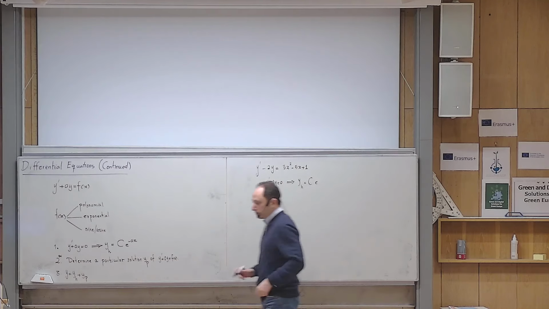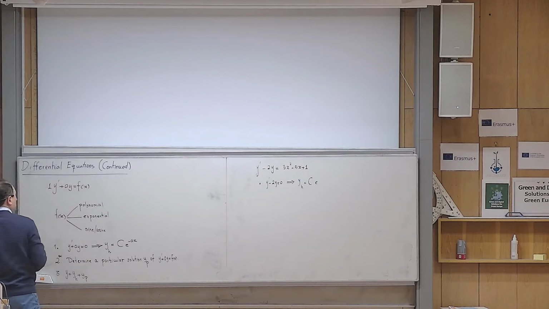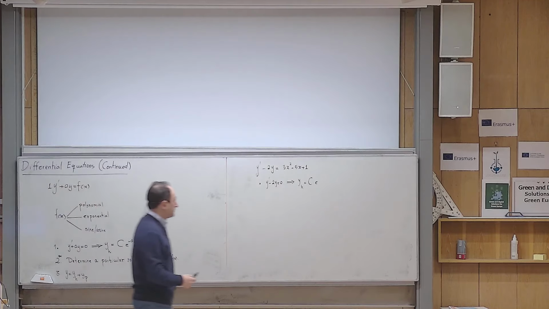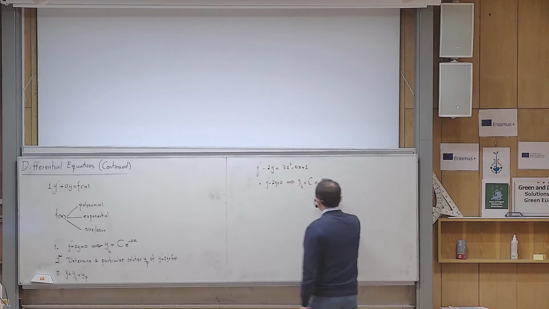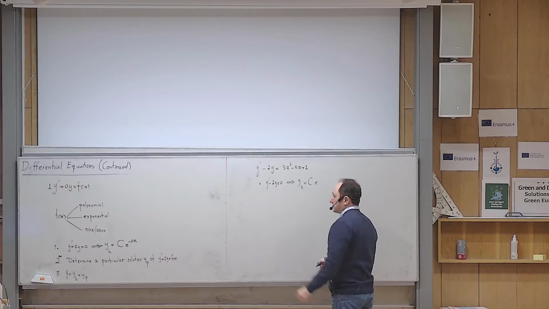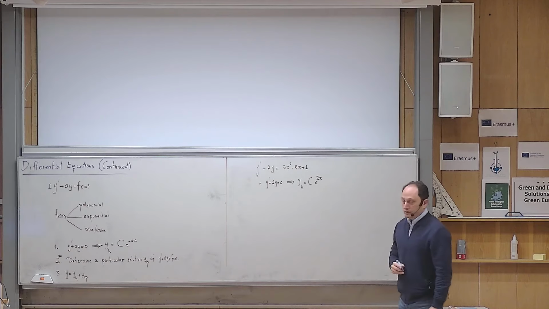By the way, this algorithm works if this coefficient is 1. If the coefficient is not 1, you have to divide by it first. I mean, only the first part. The rest of it is not very sensitive to whether this is 1 or not. So e to the power of minus a times x. A in this problem is minus 2, so minus a becomes positive 2x. That is the general solution of the homogeneous part.